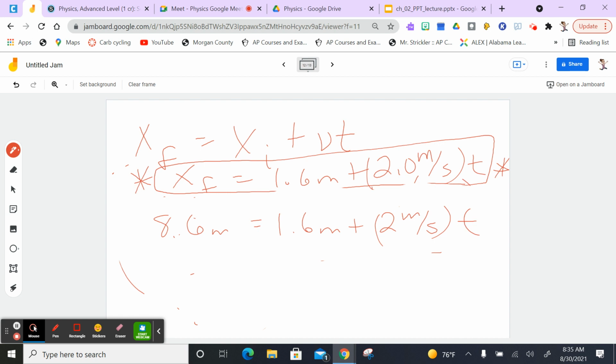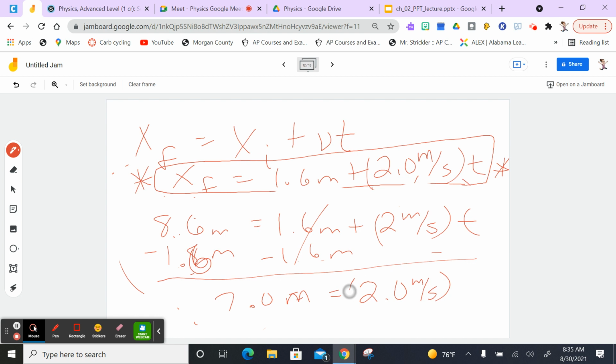So how are we going to do that? Subtract 1.6, right? 6, not 8. So that's 7 meters. Make sure you're writing your units. 2.0 meters per second times t.